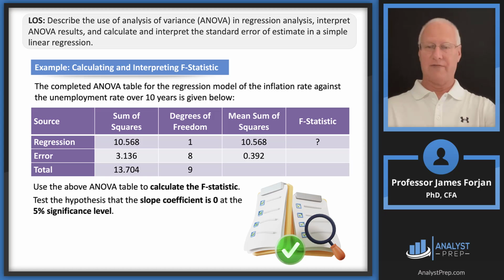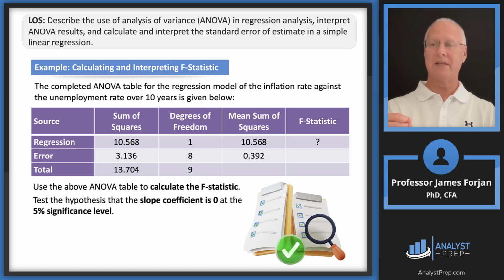Here's an analysis of variance table from that inflation rate and unemployment rate example that we did back in part 1 and today. So there we go. Regression, error, total: 10, 3, and 13, right? So those were all part of what we did before. There are the degrees of freedom, and there are the mean sum of squares. Notice to get that mean sum of squares, all we have to do is say 10.568 divided by 1.